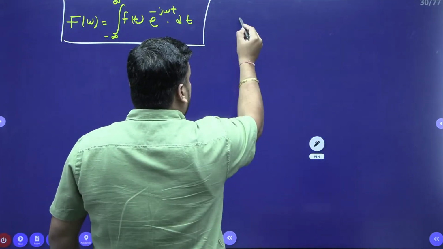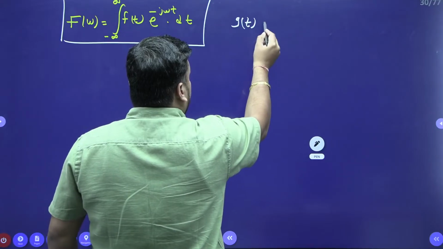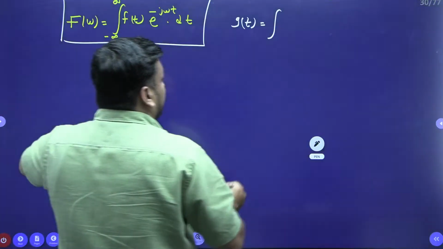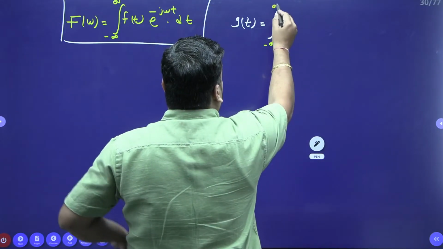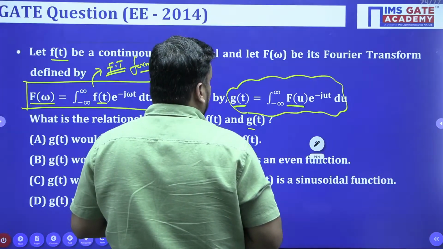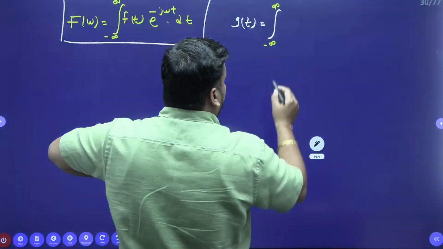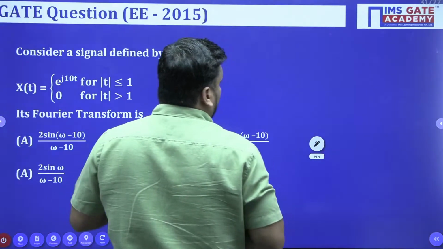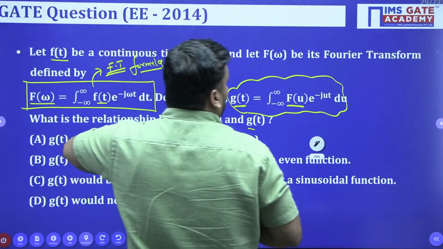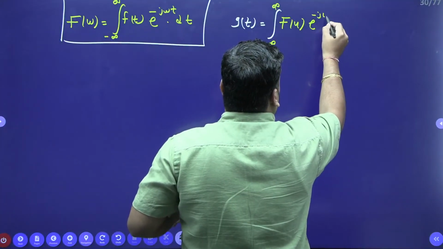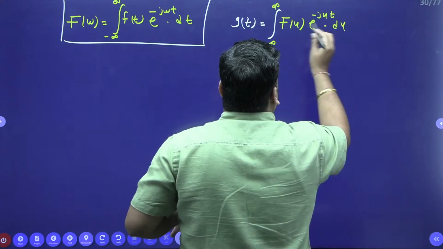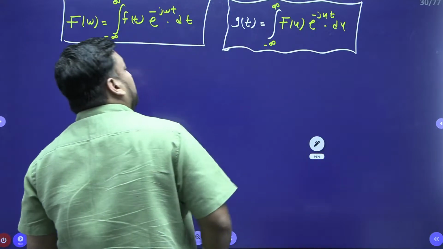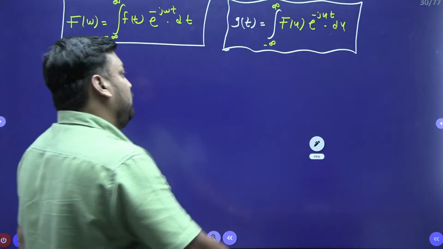So g(t) equal to integral from minus infinity to infinity of capital F(u) e to the power minus j u t du. This is the given equation.